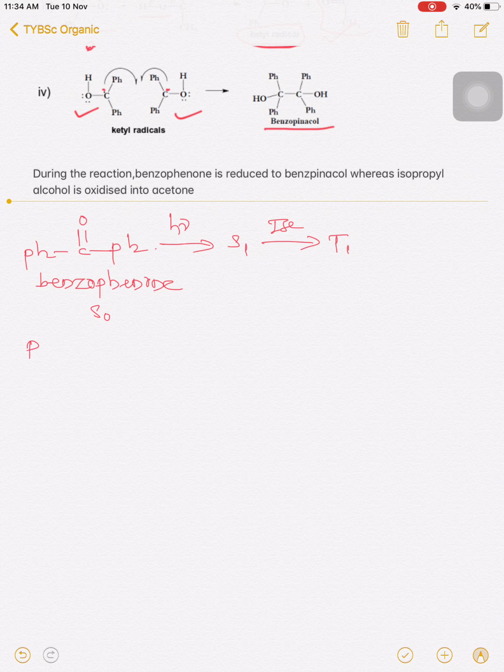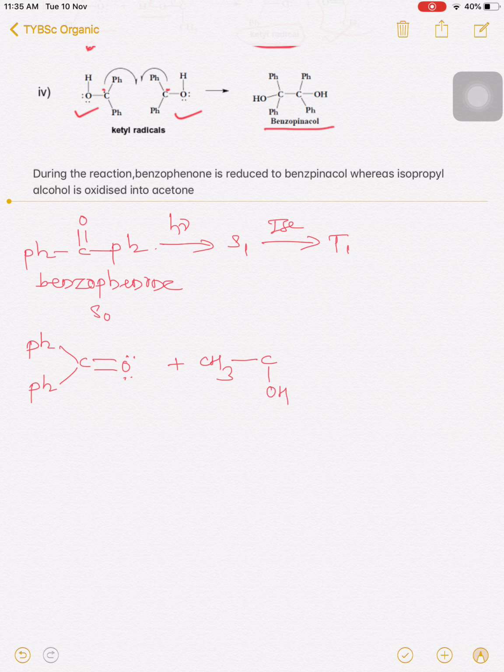See here, Ph, carbonyl group, Ph. This carbonyl group already has 2 lone pairs of electrons. In the presence of isopropyl alcohol, for your understanding, I will write the molecule in a simple structure.